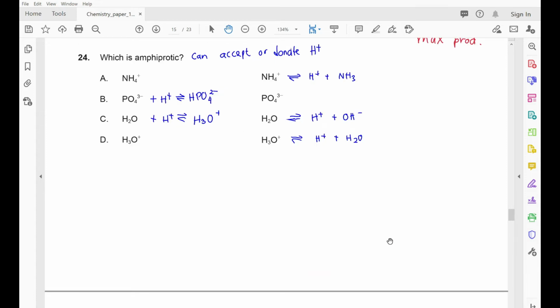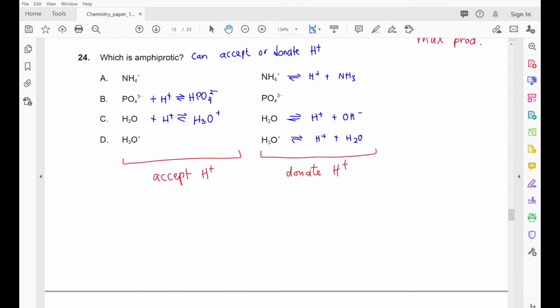Question 24. Which is amphiprotic? Amphiprotic means the species can accept or donate a hydrogen ion. I have copied another set here. This side shows that the species can accept a hydrogen ion, and this other side shows that it can donate a hydrogen ion.